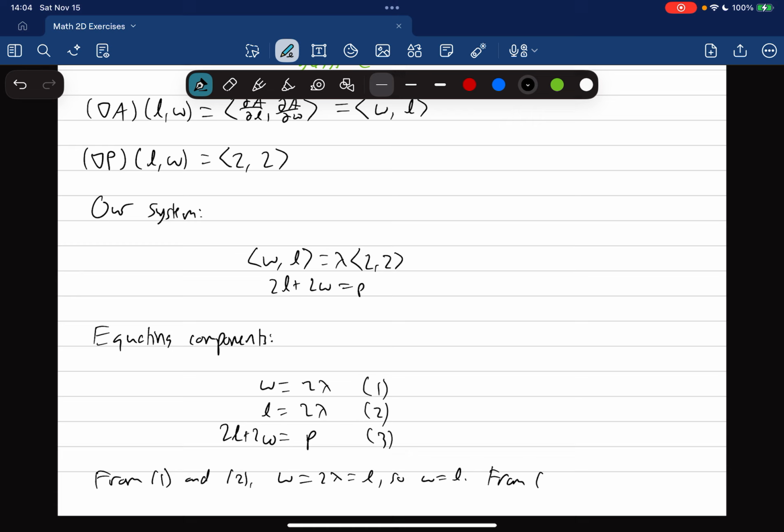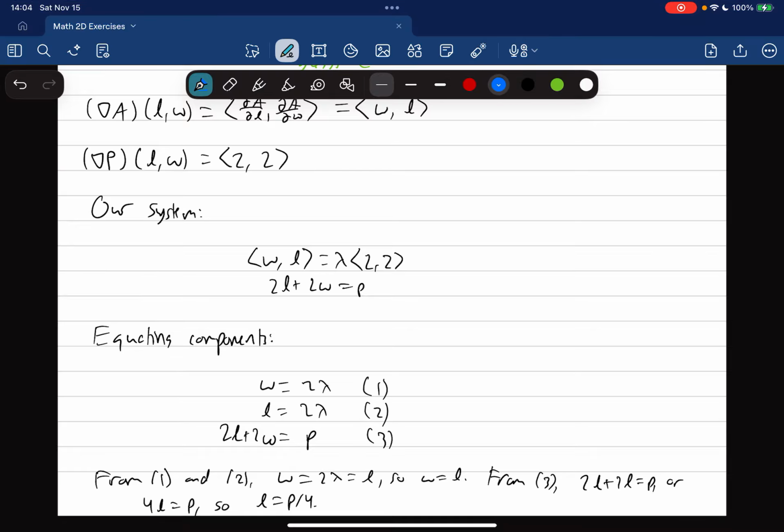If we insert this into 3, so we replace W by L in 3, we get 2L plus 2L equals p, or 4L equals p. So L is equal to p over 4.